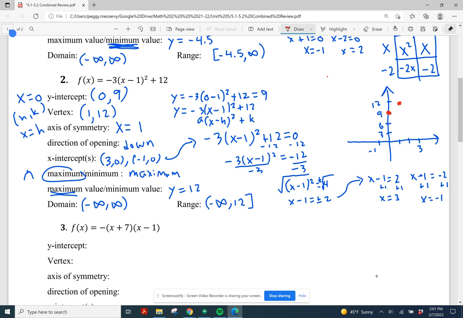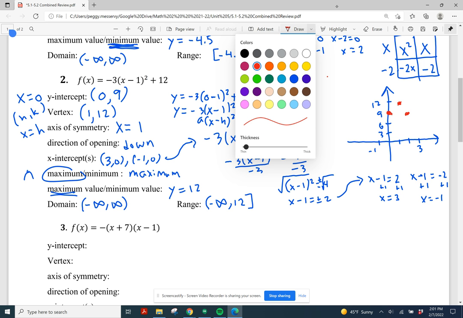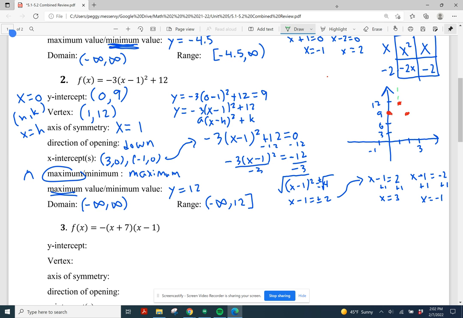I've got 0, 9 for my y-intercept. I can use the symmetry to go from the point 0, 9 across my symmetry line to the point 2, 9, one away on the other side of that axis of symmetry. If you want to, you can draw that axis of symmetry in, right? It's going to go right through the vertex vertically.